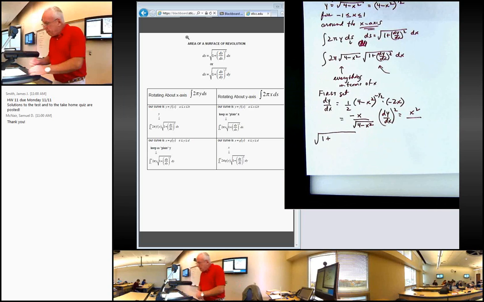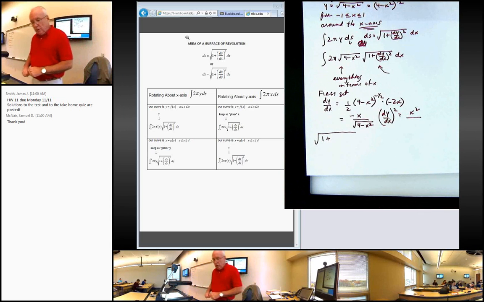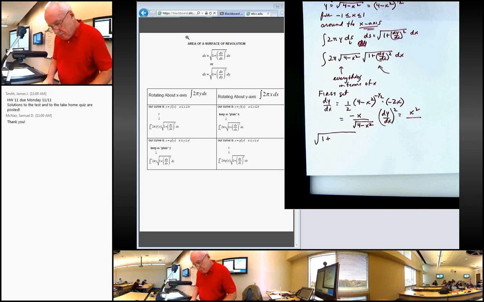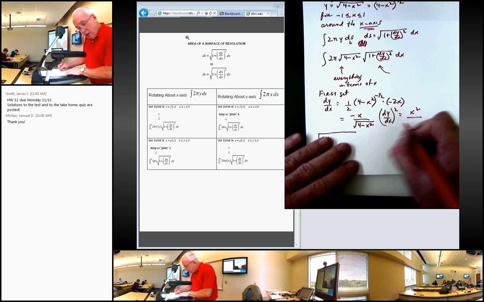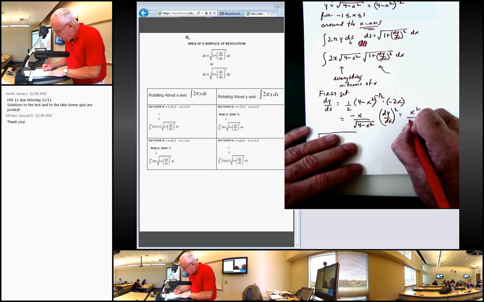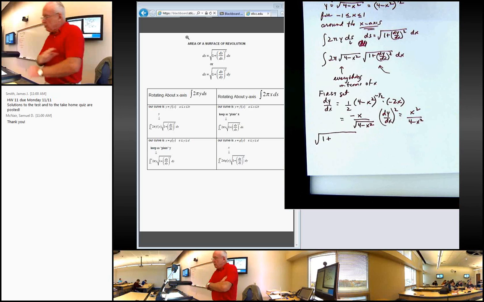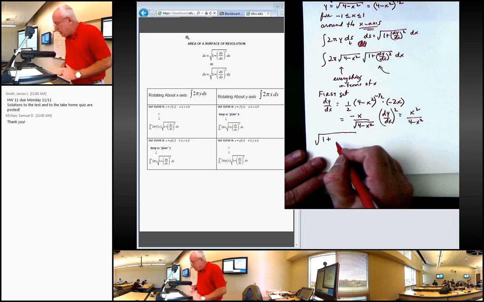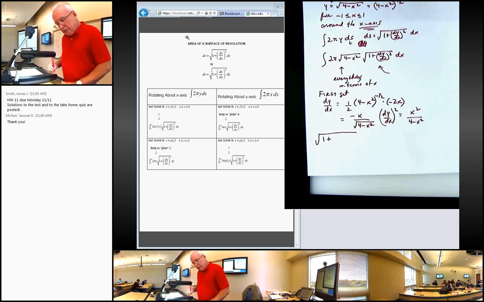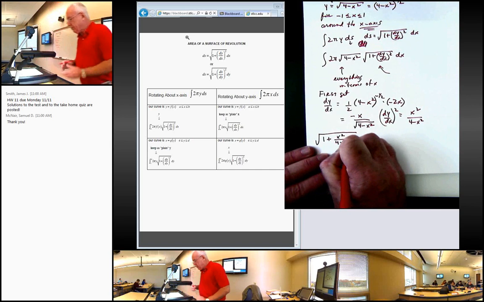The bottom part here is the square root times the square root, so that's going to be 4 minus x squared. All right. Okay. So now after the 1 plus, we have to plug in the square of that derivative, so I'm going to put in x squared over 4 minus x squared.